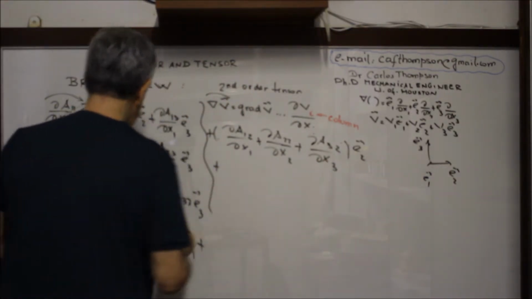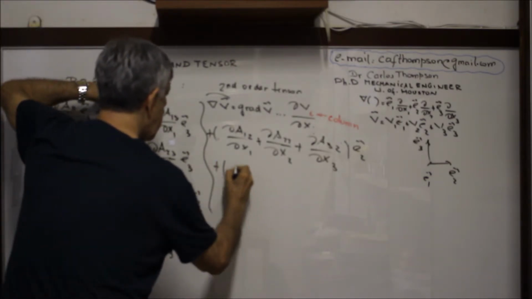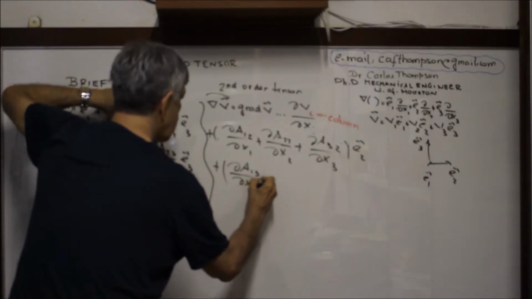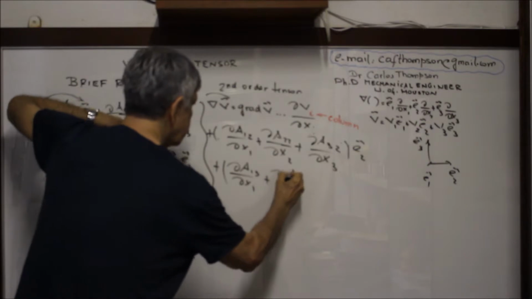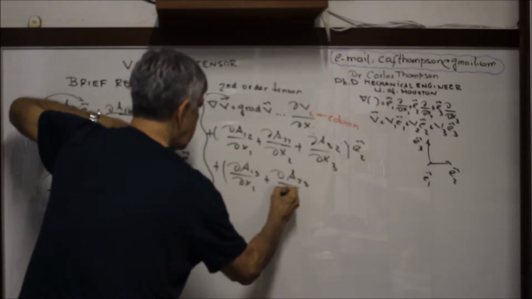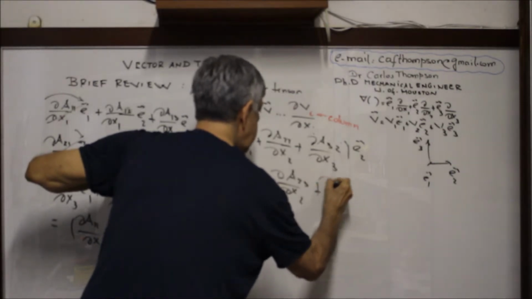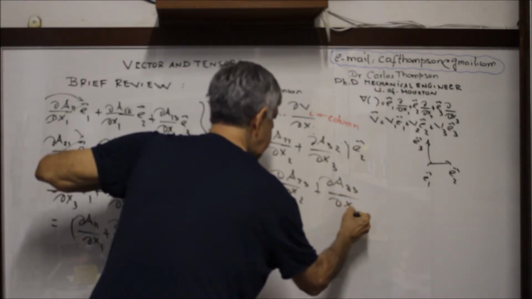Plus, now, this last column: partial of A13 with respect to X1 plus partial of A23 with respect to X2 plus partial of A33 with respect to X3, E3.